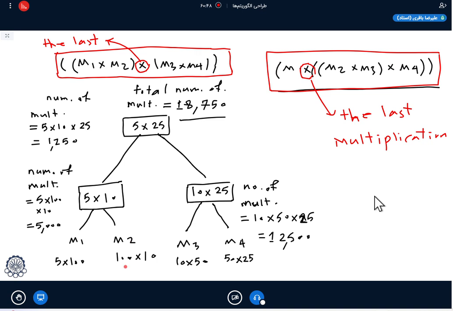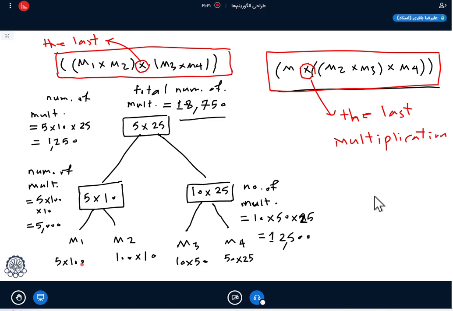M2 has 100 rows and 10 columns. When these two matrices are multiplied, the result is a matrix that has 5 rows and 10 columns. 100 is omitted here in the result, but the number of multiplications done in multiplication of M1 and M2 is 5 multiplied by 100 multiplied by 10.